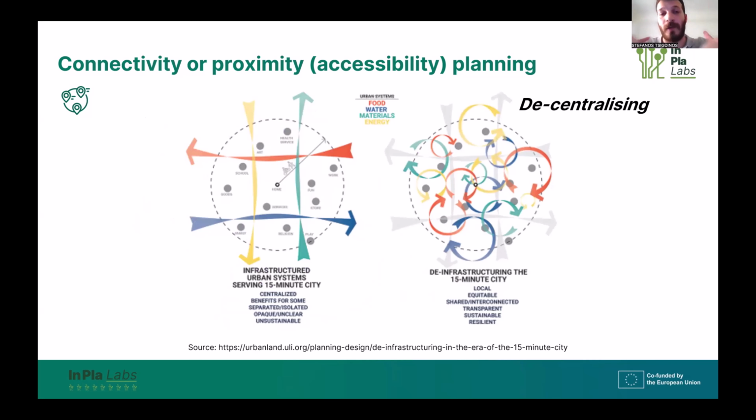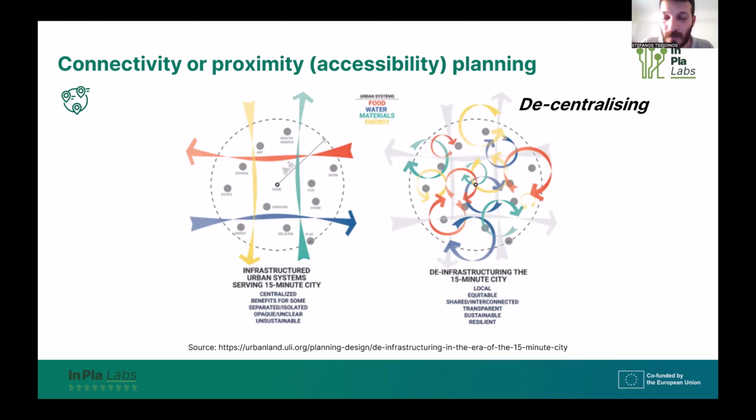It's like we have a hierarchy in serving different kinds of places, but on the contrary, in the decentralizing approach, which is much closer to the 15 minutes or X minutes city or neighborhood, is about decentralizing services or classification of a road network and stuff like that, in order to promote this proximity kind of thing, and to give the opportunity of doing more things at closer distances and to combine different things together.